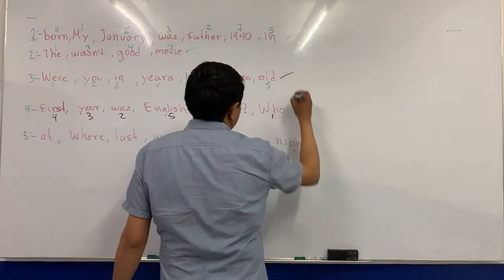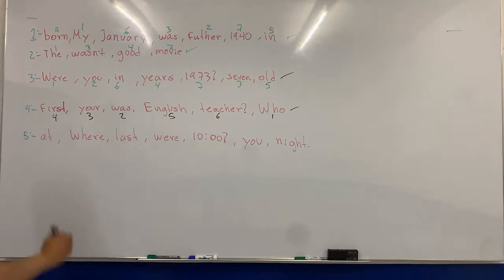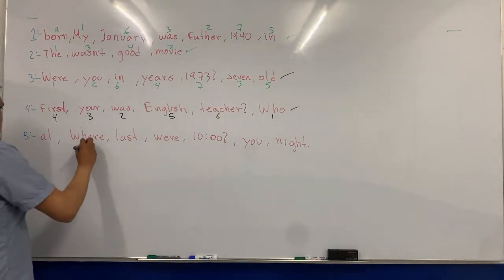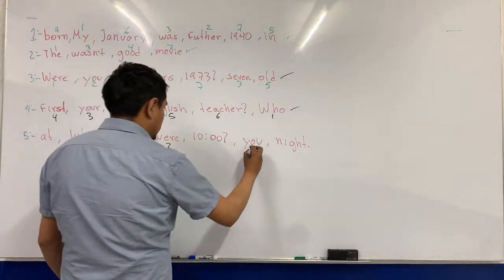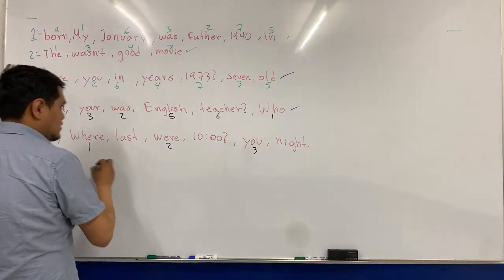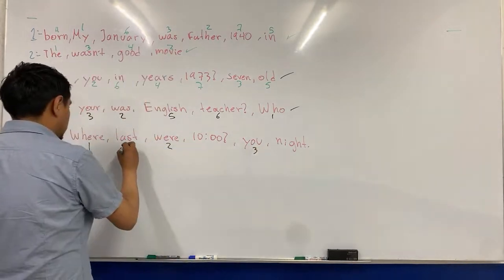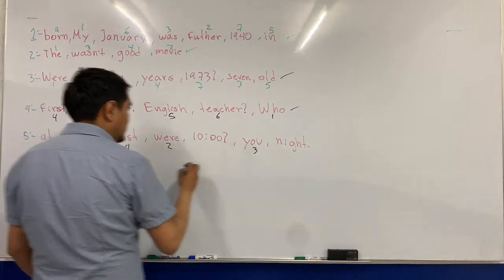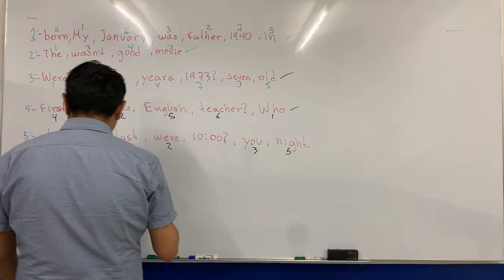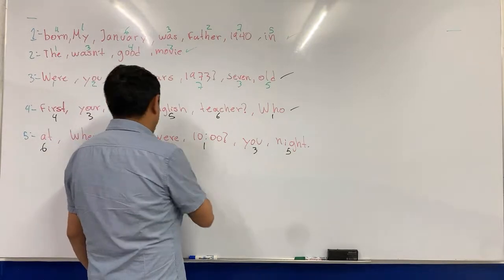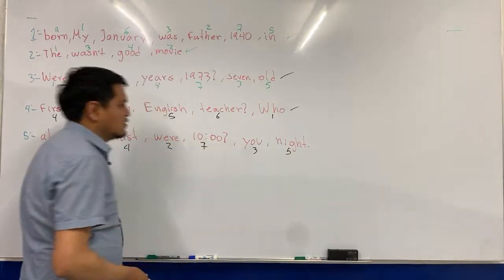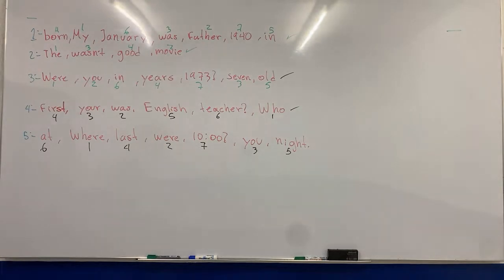It's right. And the last, the first is were. Then you, then last, then night, then at, and finally 10, right? And the sentence is the next. Where were you last night at 10 o'clock? Right?